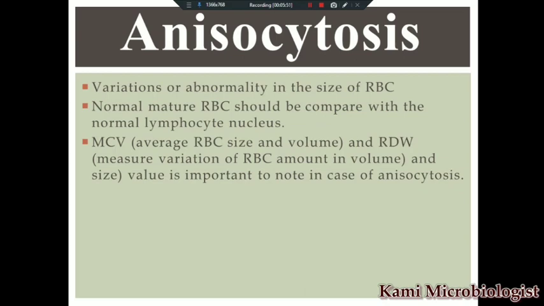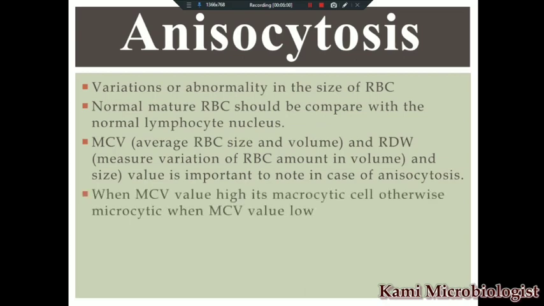So if we know the RDW and MCV values, it is really important in case of anisocytosis. Another point: remember, if we see that the MCV value gets high, for example to 100 femtoliter, it means that we have large cells, and the large cells are called macrocytic cells.